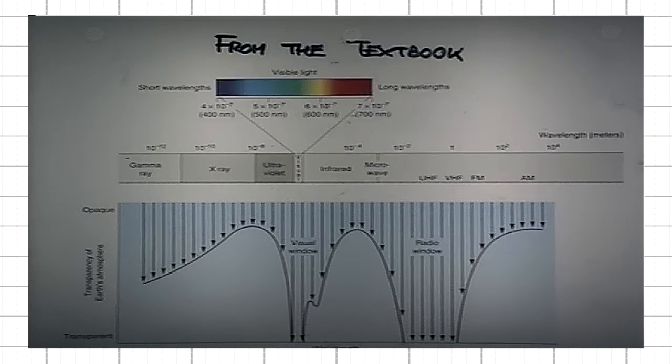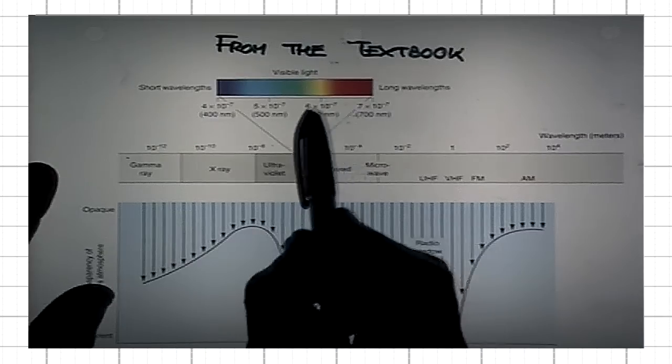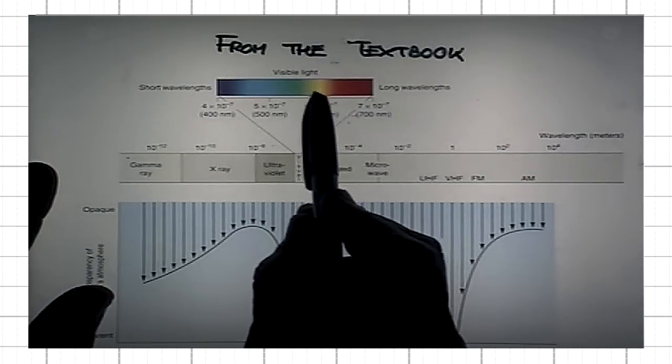Okay? So to see somebody in the dark, you need special goggles with infrared detectors that are sensitive to those long infrared wavelengths, and then the detectors convert that into a signal that a soldier or a police officer or a hunter can see with their eyes. Okay? It happens to be that the surface temperature of the sun is such that it emits most of the energy around yellow-green.